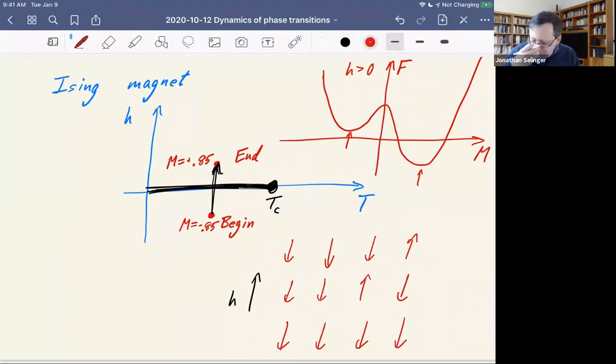So if we have a small fluctuation of just one spin flipping, that would be a little change in the magnetic order. So you're making a change like this, increasing the magnetic order a little bit. And what will happen is, in order to reduce the free energy, the material will tend to go back.